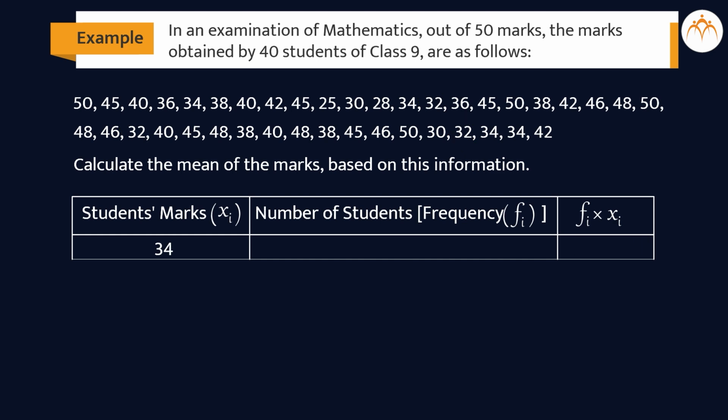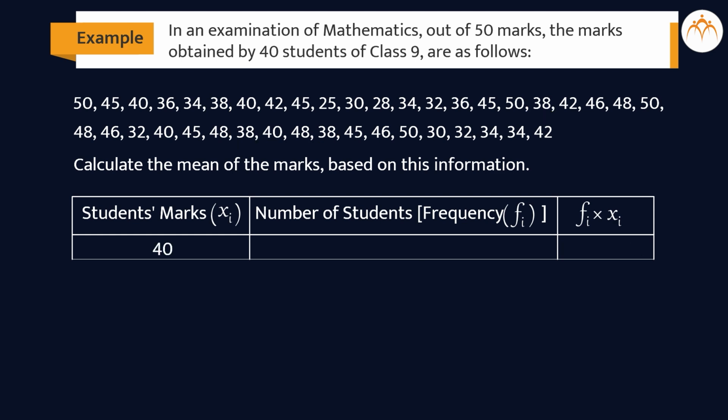For 34, the frequency f5 is 4, therefore 34 into 4 is equal to 136. For 36, the frequency f6 is 2, therefore 36 into 2 is equal to 72. For 38, the frequency f7 is 4, therefore 38 into 4 is equal to 152.